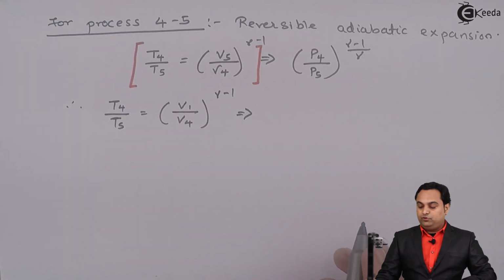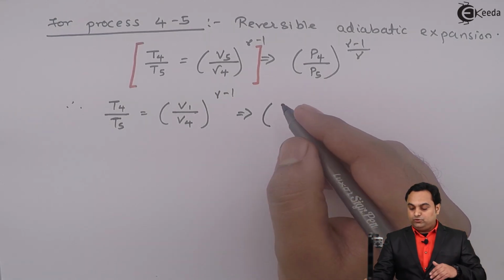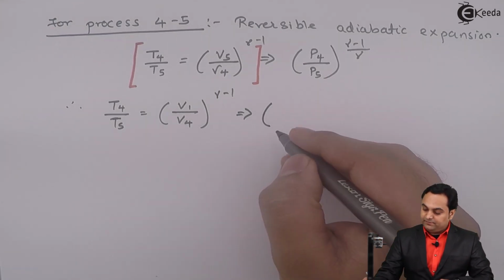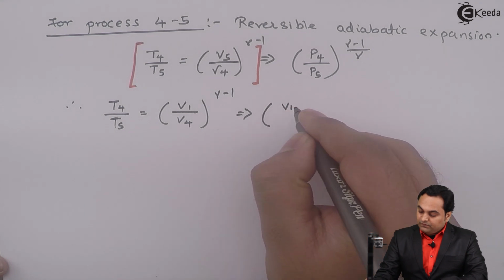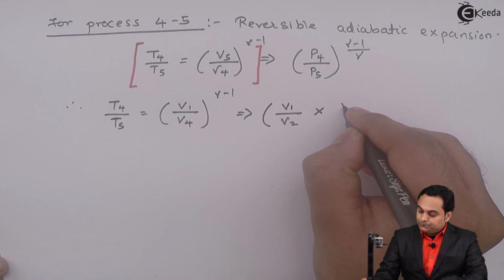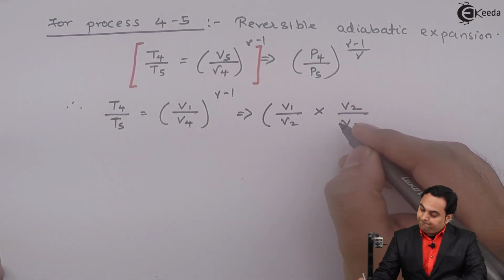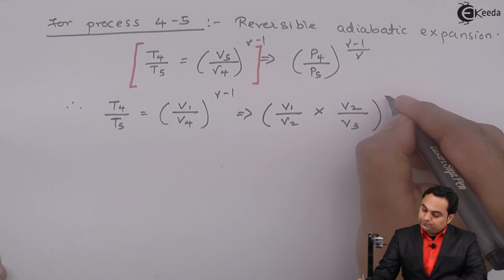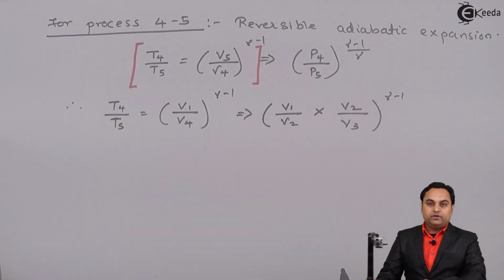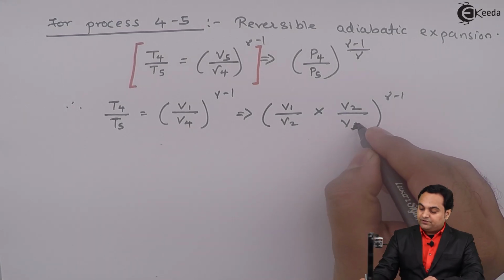Next, I am going to multiply the numerator with V2 and then divide, so I'll get multiplication and division by V2. I'll write it in this form, that is multiplying and dividing by V2, and if V2 get cancelled, we are going to get the same term. Here there is V4.